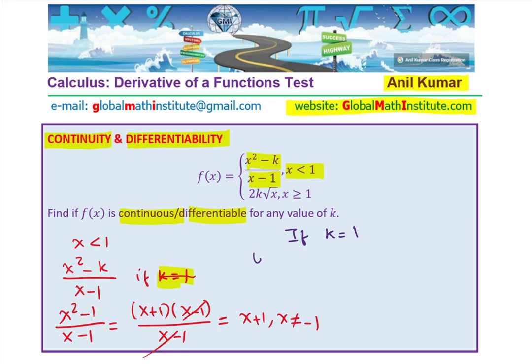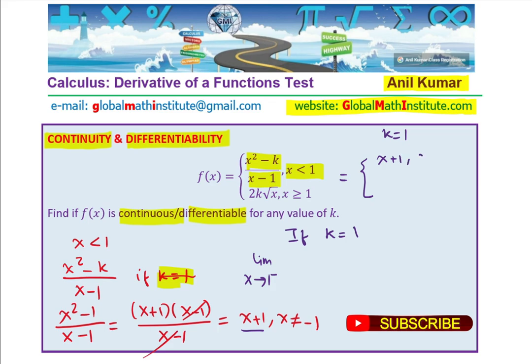The limit when x approaches 1 from the left side: for k equals 1, I'm rewriting the expression, and it becomes x plus 1 when x is less than 1. And here, when k is 1, I could write this as 2 square root of x.